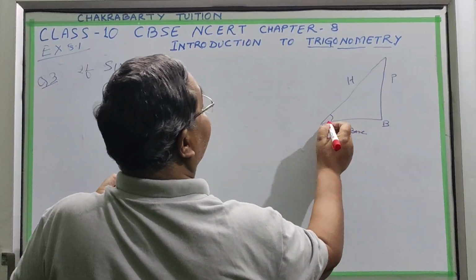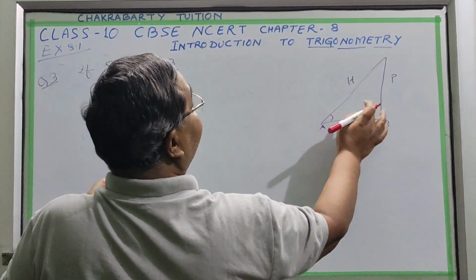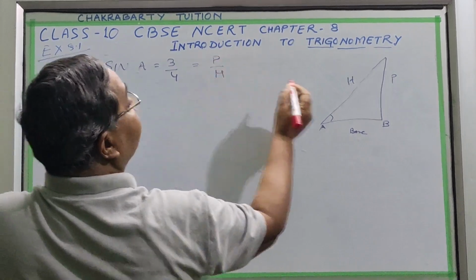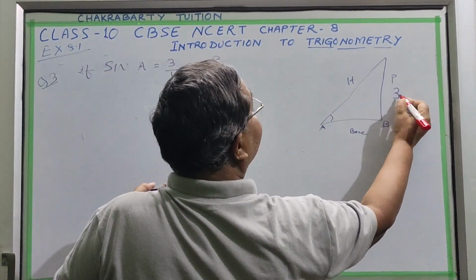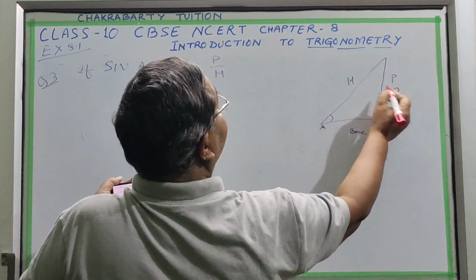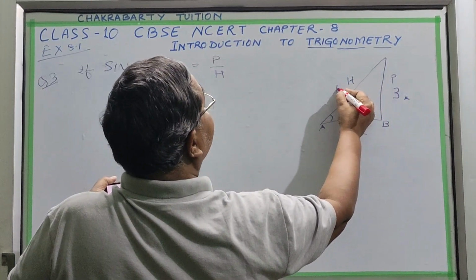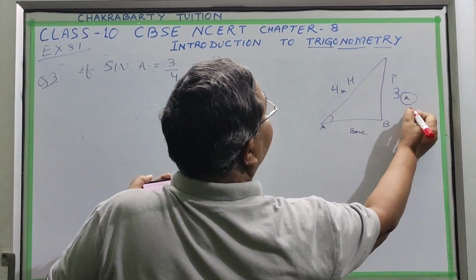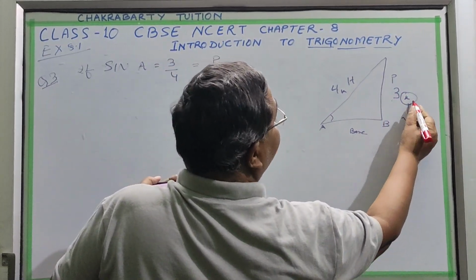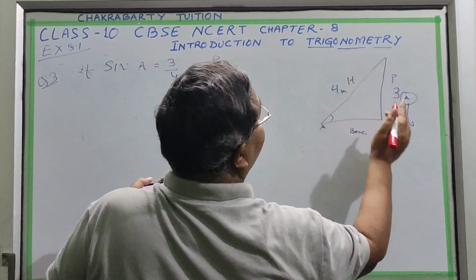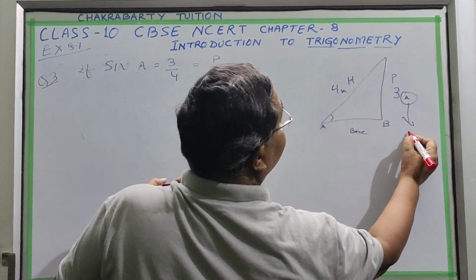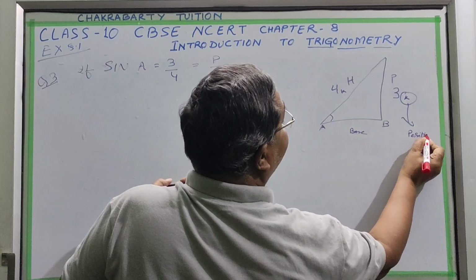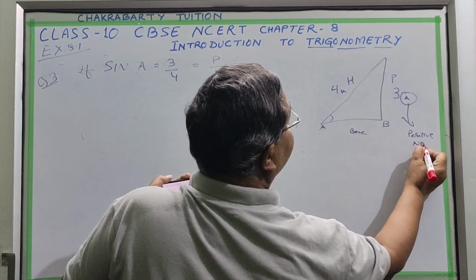So from here, sin A means P upon H. Suppose P is 3k, so H will be 4k. K is nothing, because it is a ratio, we have taken a number to multiply the ratio. K is any positive number.